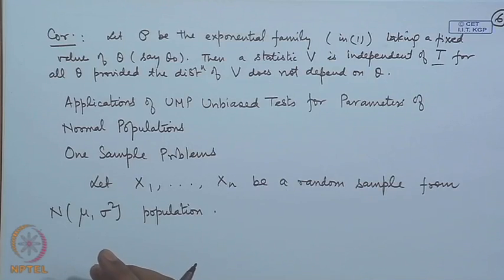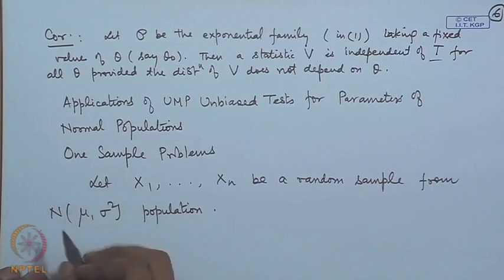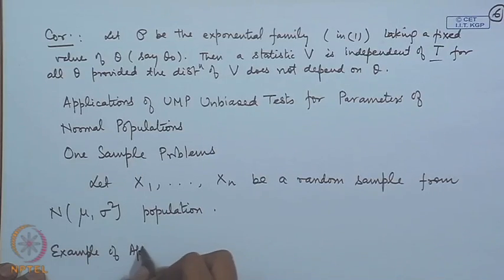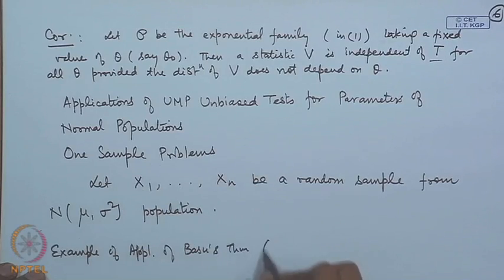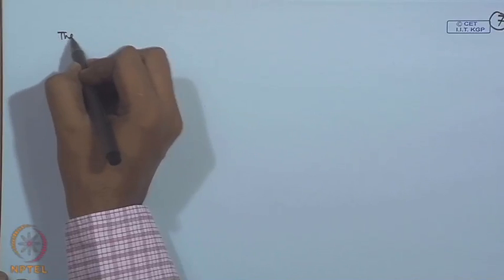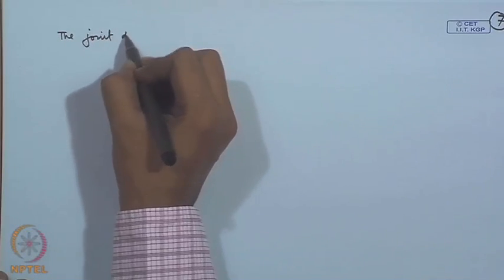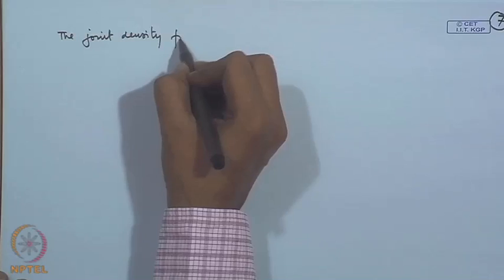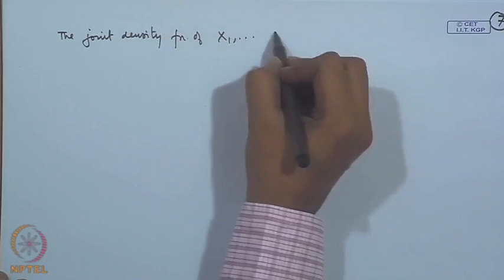So, let us firstly start with applications of Basu's theorem. Example of application of Basu's theorem or this corollary in the normal population case. So, let us look at the joint density function of X 1, X 2, X n.